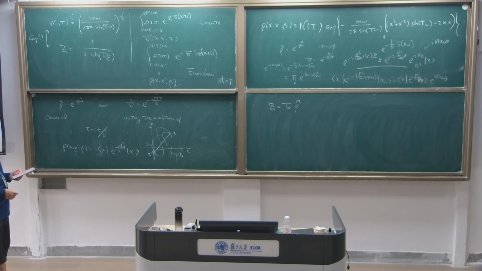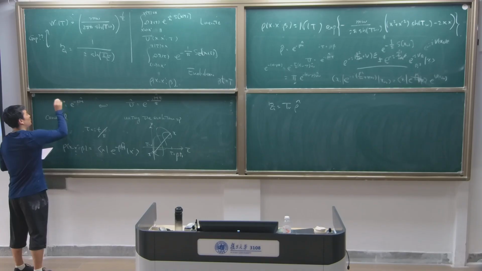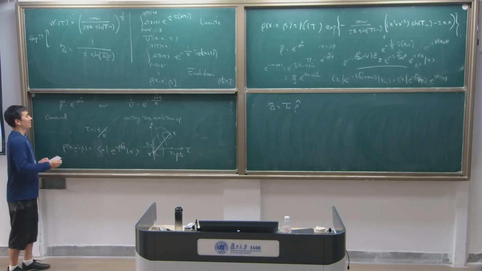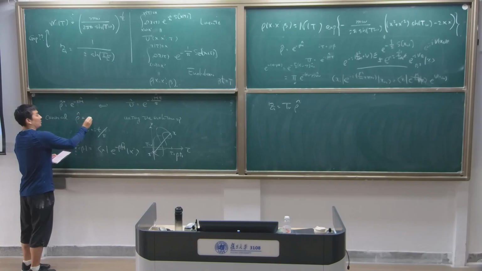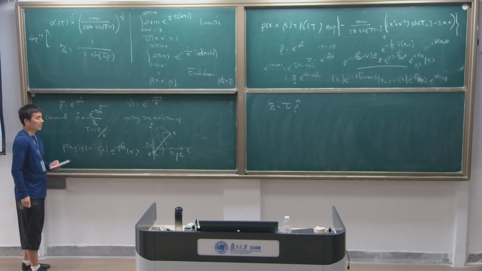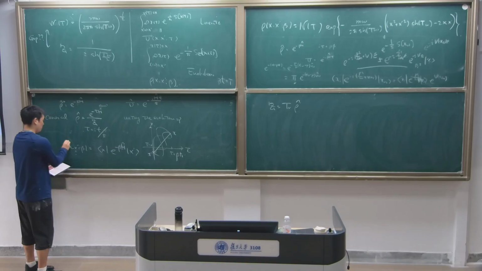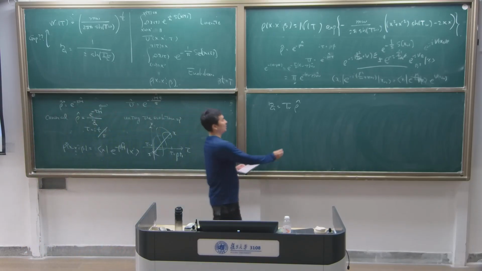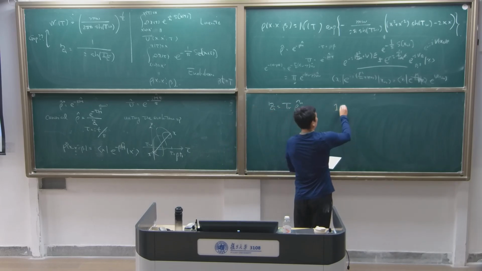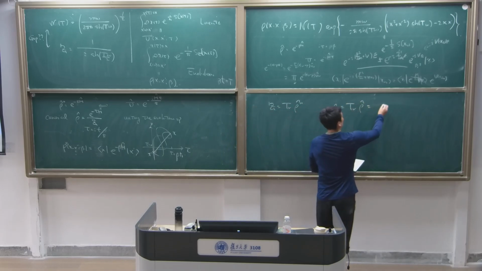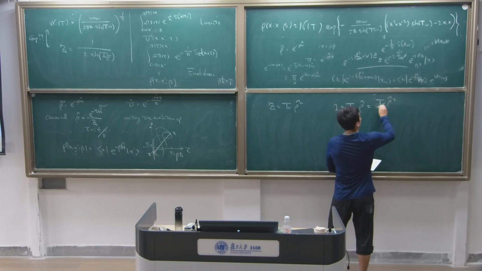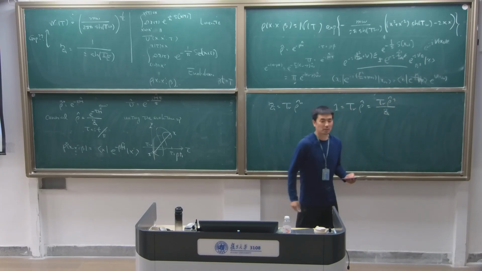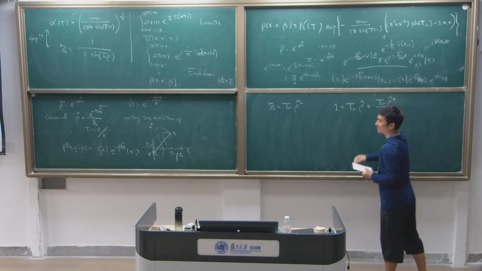Unfortunately, I'm doing something, that's why I made a mistake. This is U. U means unnormalized. The normalized one is e to the minus tau h hat divided by Z. If I choose rho hat as U, and this is U, then it has to be U. So U means unnormalized.